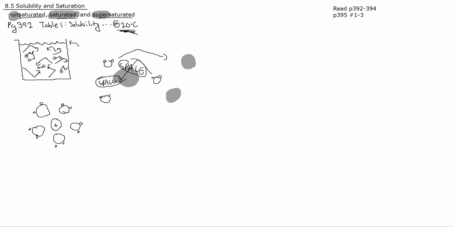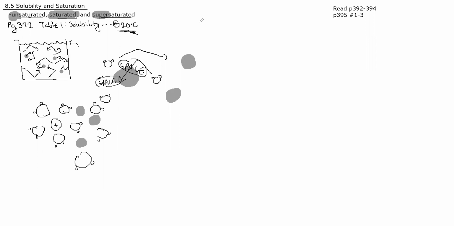Okay, but you can imagine from there, we have a limited amount of water molecules, which means I have a limited amount of space. When all that space is filled up, we say that the solution is saturated.